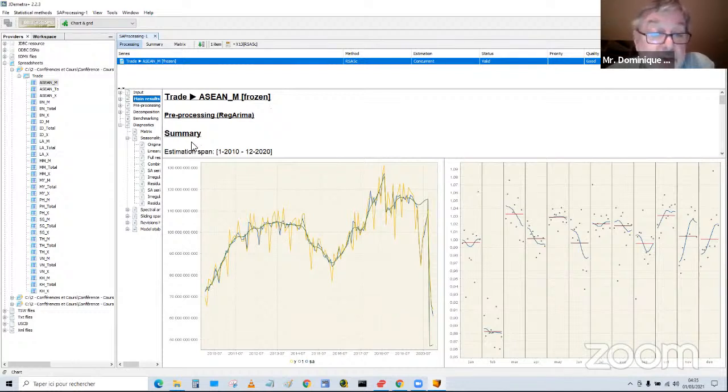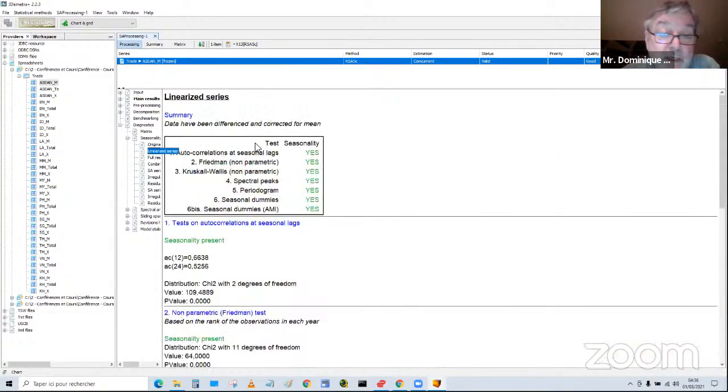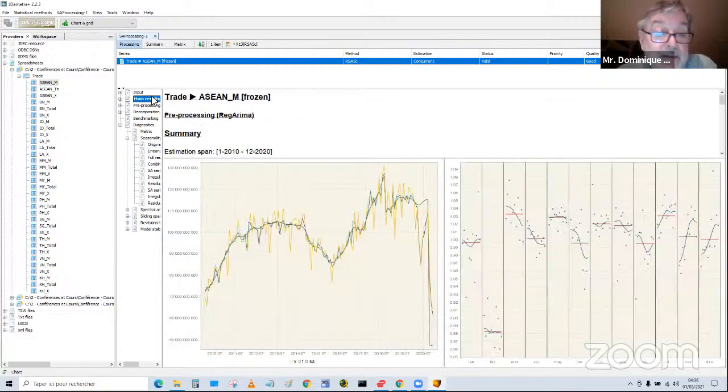So it's better to use the linearized time series, which is the series from which you removed the outliers and the calendar effects. If you go to this one, you will see, I'm pretty sure, that of course it's clear that we have a seasonal component. Okay? So I go back to the series.